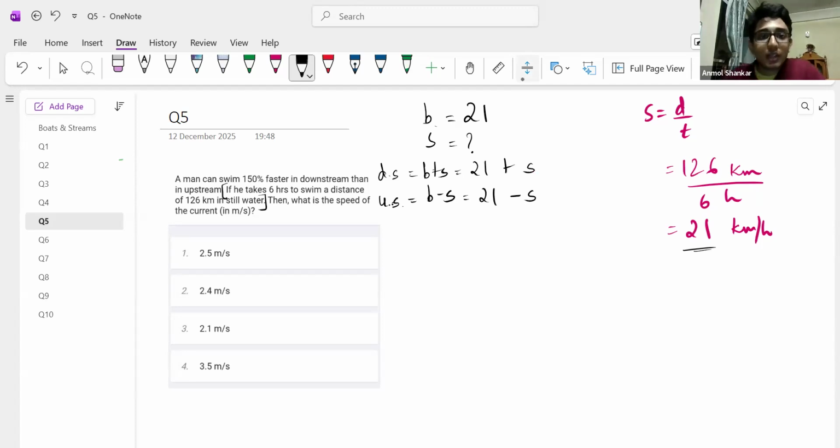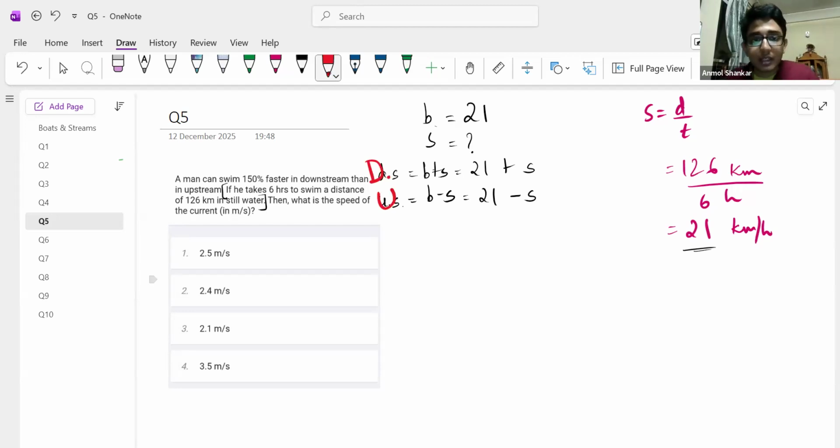Okay, so now we come to the kind of tricky part, which is a man can swim 150% faster. So அதுக்கு என்ன அர்த்தம்? What is the meaning of 150% faster in downstream than upstream? அதாவது downstream speed வந்து upstream விட 150% ஜாஸ்தி. I think x and y வேண்டா, let me call it capital D and capital U, upstream speed and downstream speed.